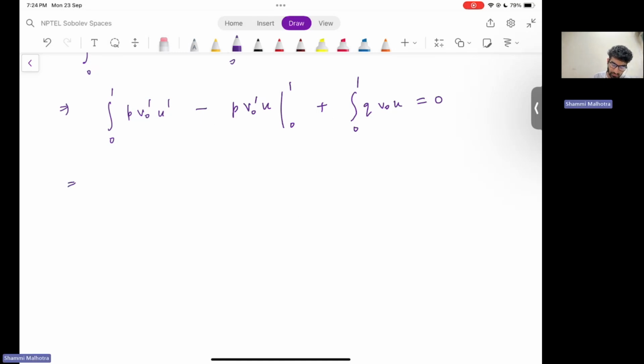Since we know that u(1) is 0, the first term vanishes and this is integration 0 to 1 p v naught' u', and this is nothing but plus p at 0 v naught' at 0 and u(0), and then we have integration 0 to 1 q v naught u equal to 0.